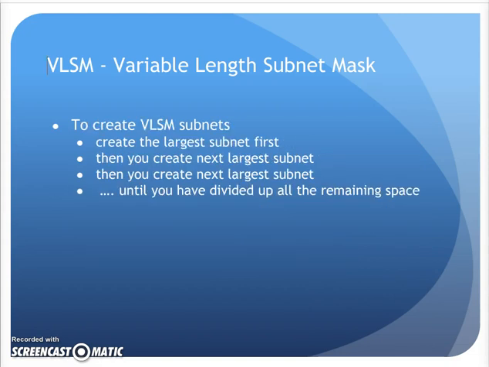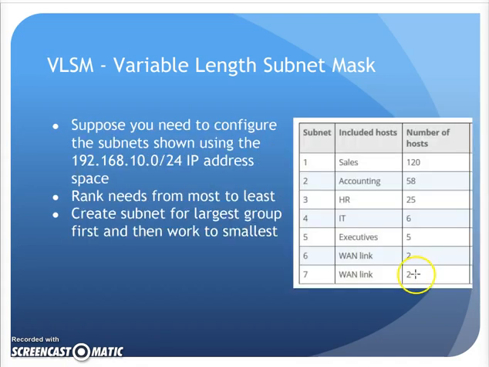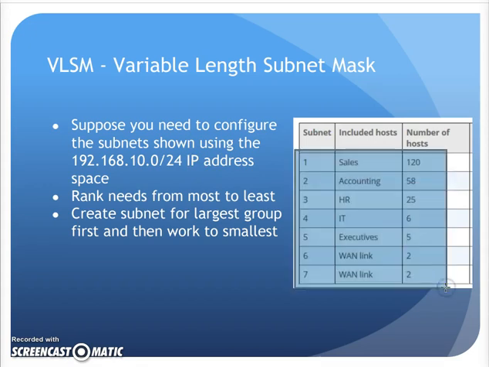All right. To do this, I start off by saying, okay, what does my largest subnet need to be? What's the next largest subnet need to be, and the next largest, and so forth. So the book uses an example where they have the 192.168.10 IP address space they're going to use, and they know that these different departments need roughly these numbers of hosts: 120, 58, 25, and so forth.